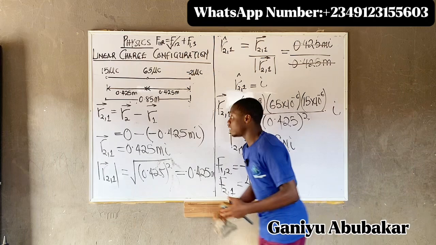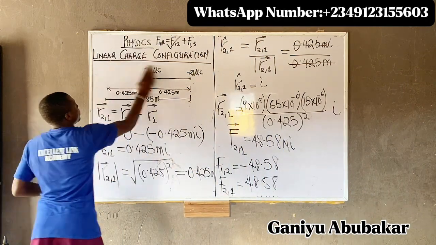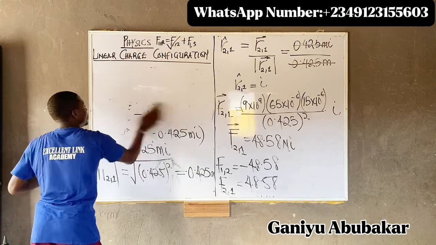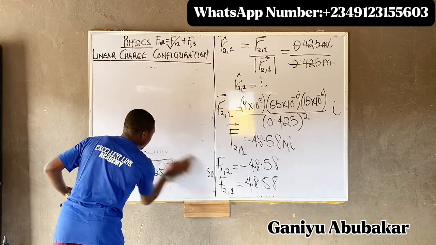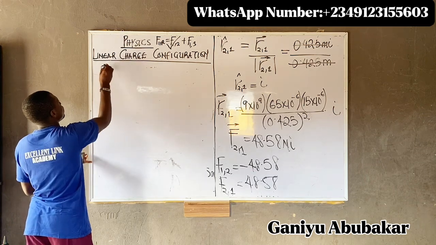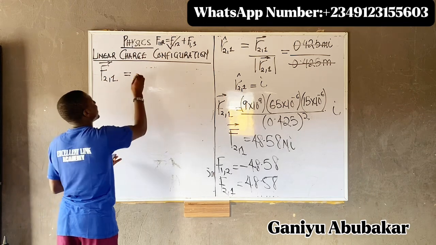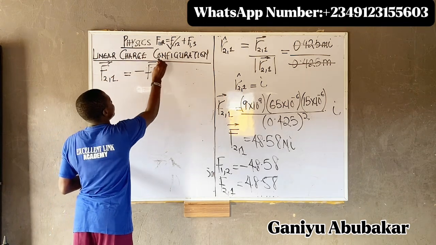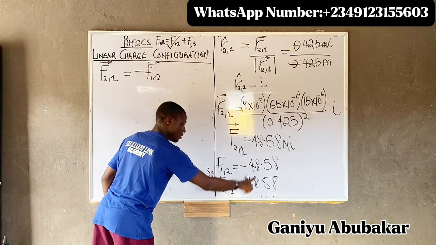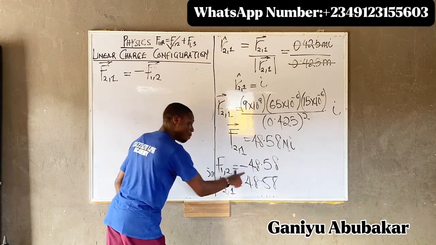So in a general sense, F21 should give you the negative of F12. My F21 gives me this, but check your book. F12 gives what? That same answer but minus.